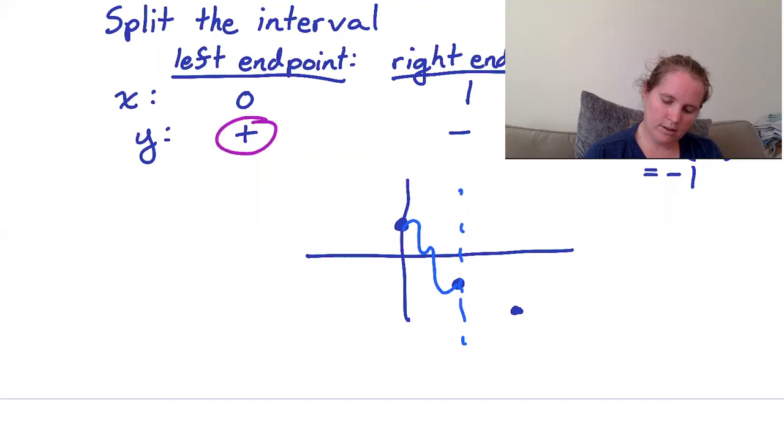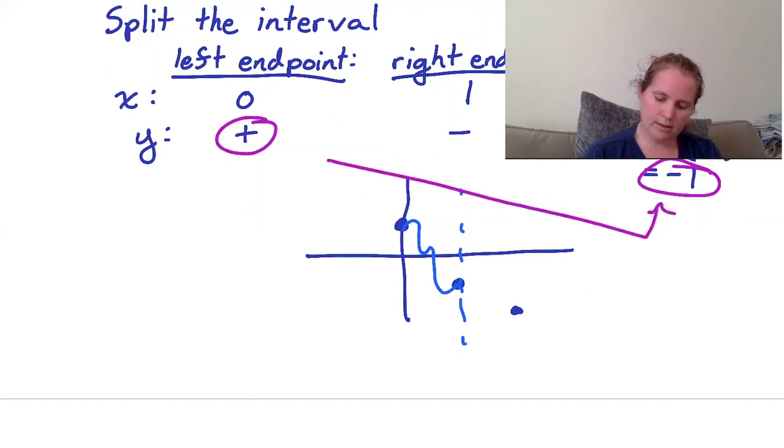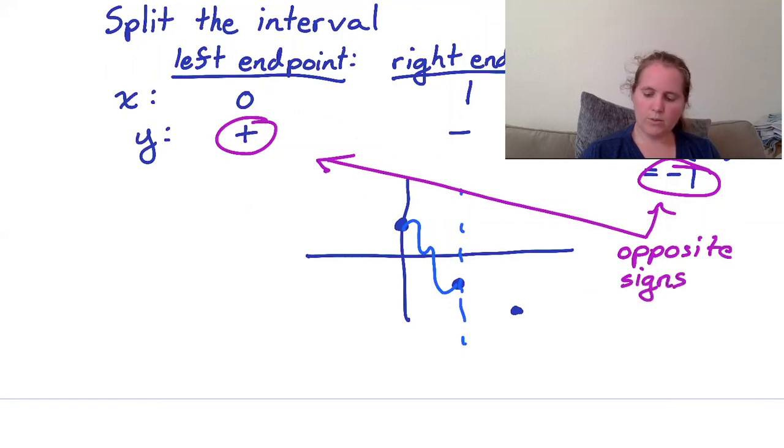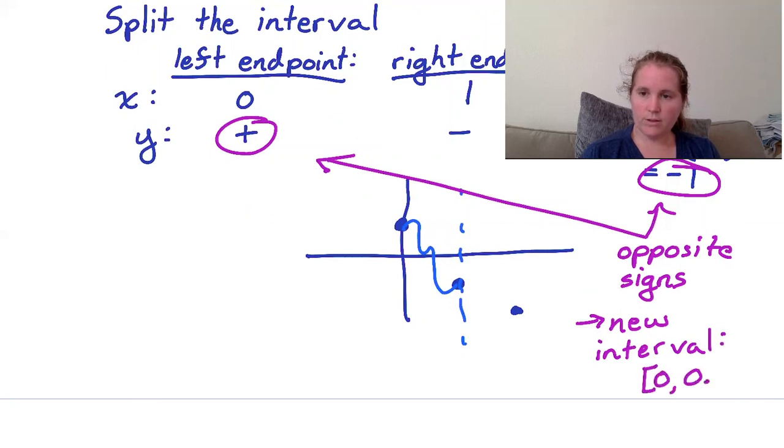So we have a positive and a negative, opposite signs. So this will be our new interval. So our new interval will be from 0 to 0.5. And then we will just repeat this over and over and over again.